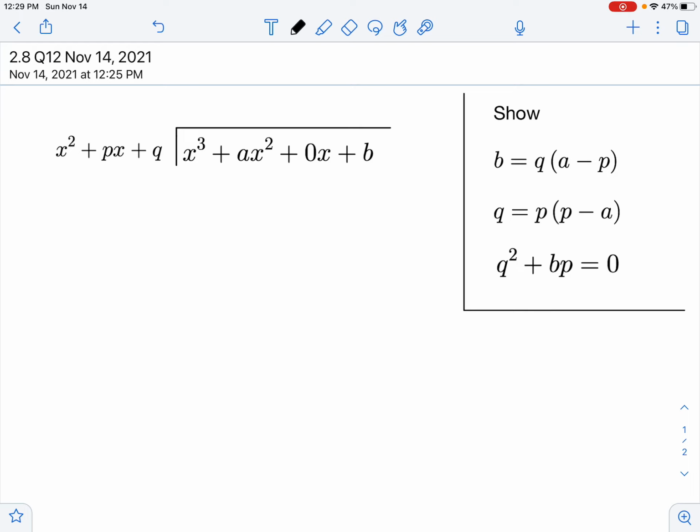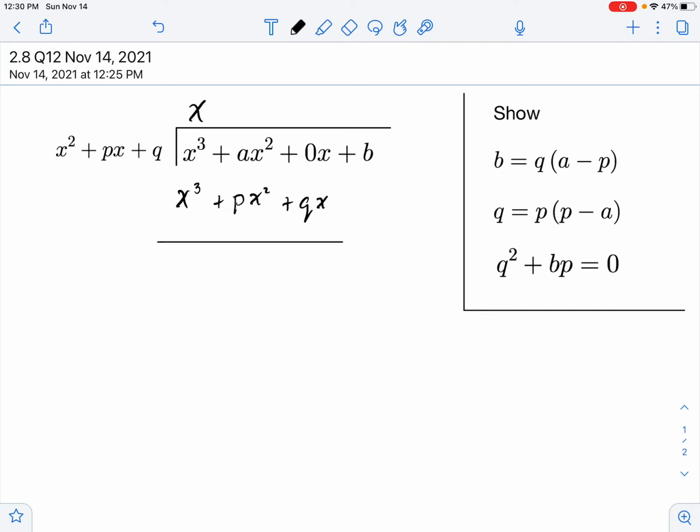Okay, so starting off, x squared goes into x cubed x times. We have x times x squared is x cubed, x times px is px squared, and then finally x times q is qx.